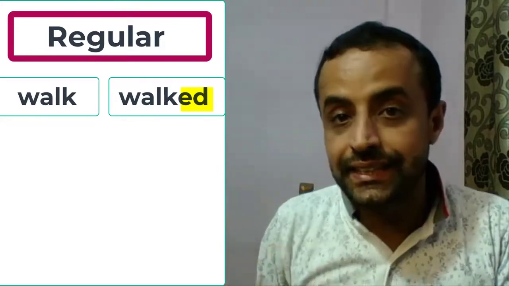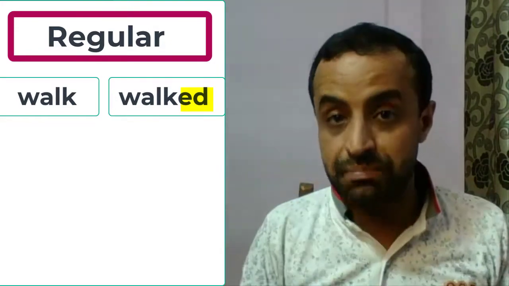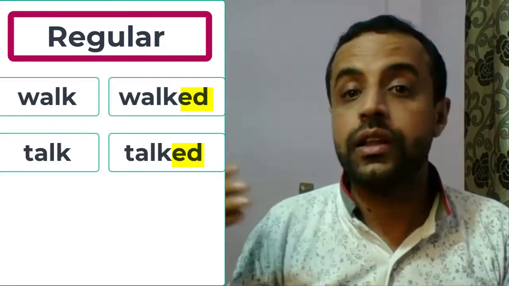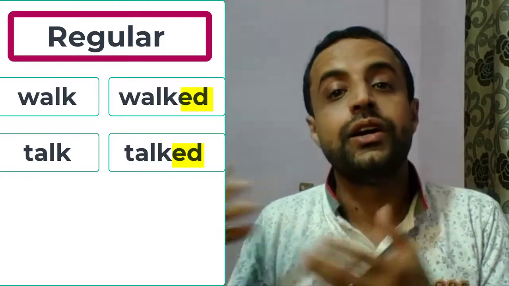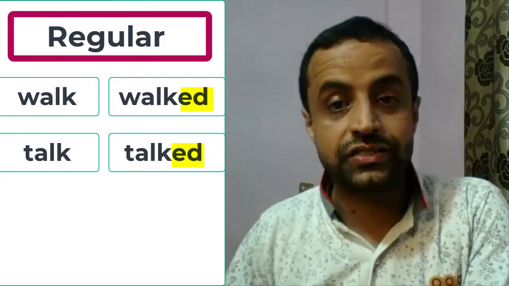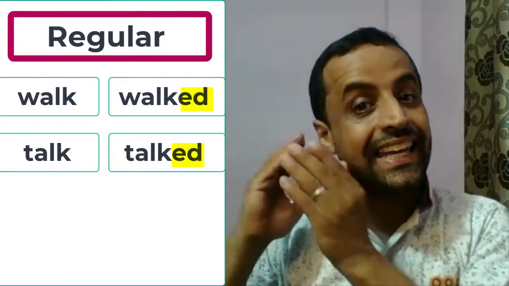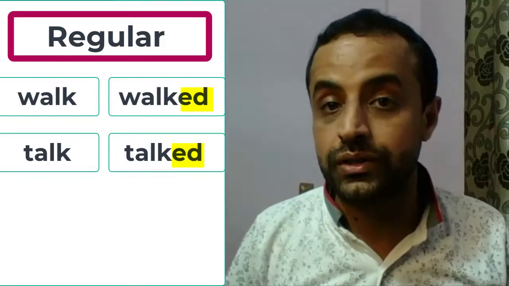All you did here is add an -ed to the verb. It's simple. So walk, walked, talk, talked, love, loved, call, called, play, played, watch, watched, etc. So with most English verbs, you just add an -ed to the verb and there you have a past simple verb.